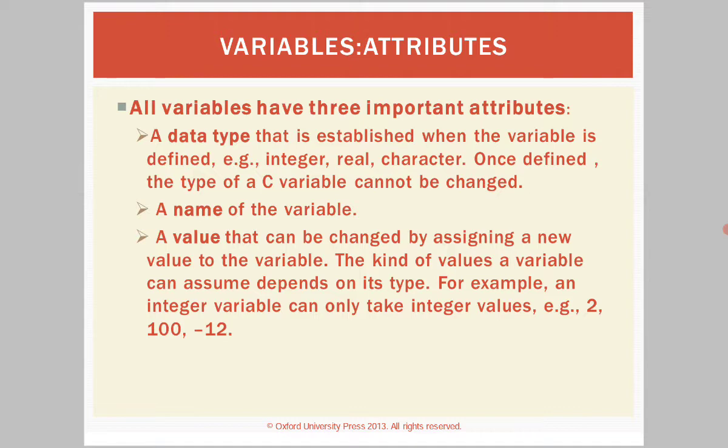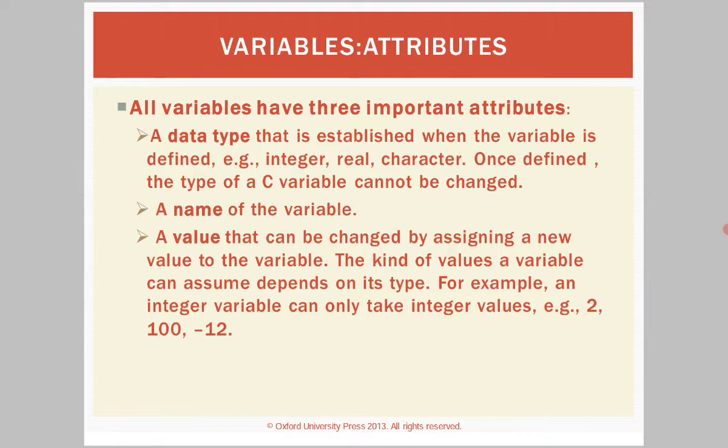There are many data types available to store different data items: some variables are integers, some are characters, some are strings, some are floating types, some are real numbers. All variables have three important attributes: a data type, a name, and a value.